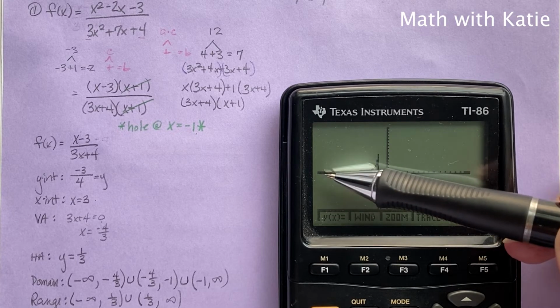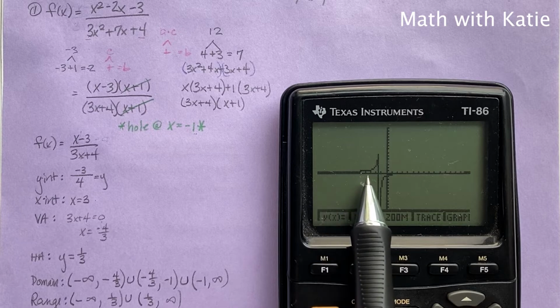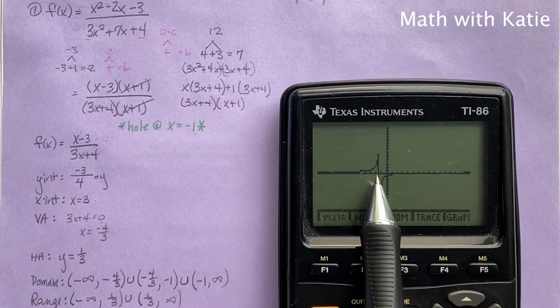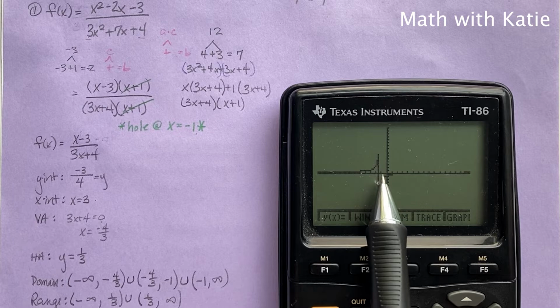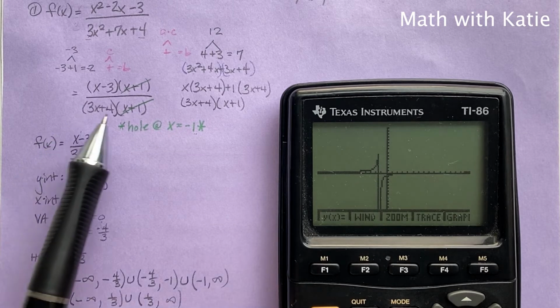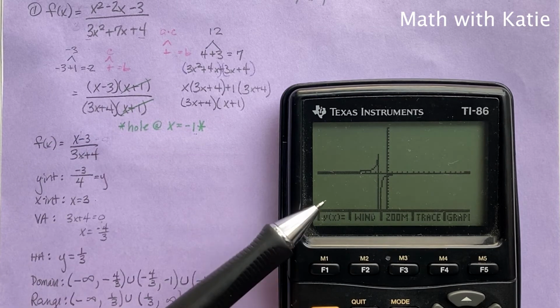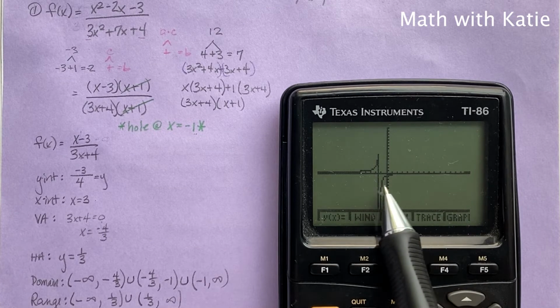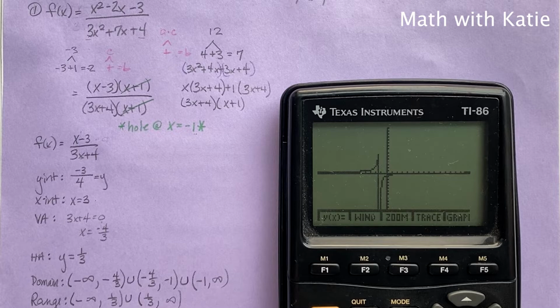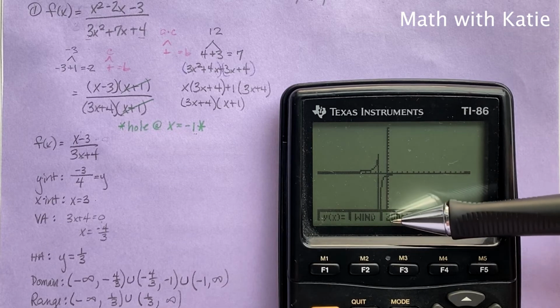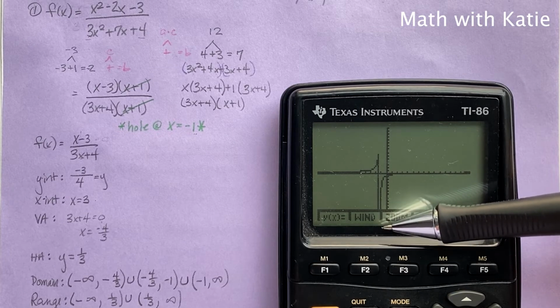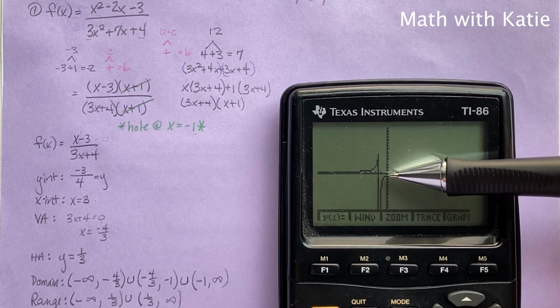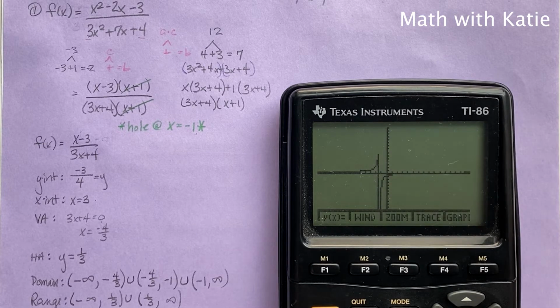So we can see the domain goes from negative infinity, stops at the vertical asymptote, stops at the hole. Now since we didn't plug in the original equation, our calculator is not going to calculate that hole, okay? And then it just keeps going to positive infinity. Good, okay, range. Yep, it still goes from negative infinity, stops at the horizontal asymptote, and does go to positive infinity.